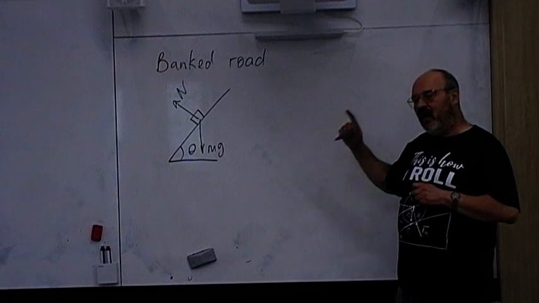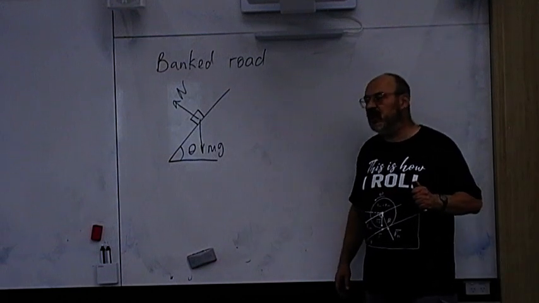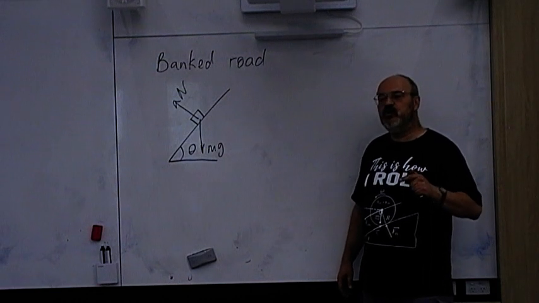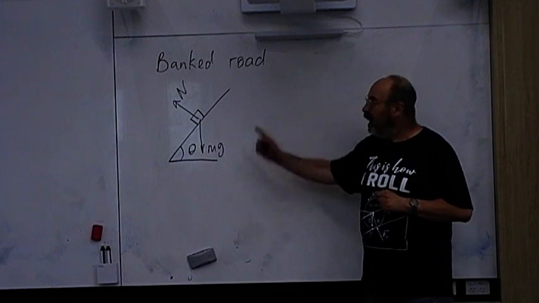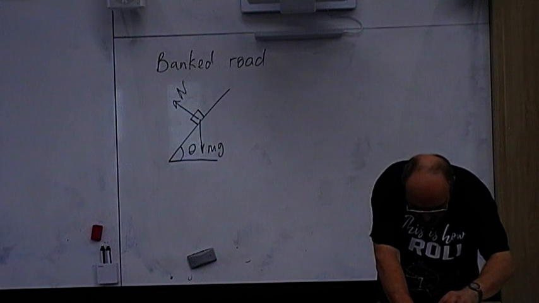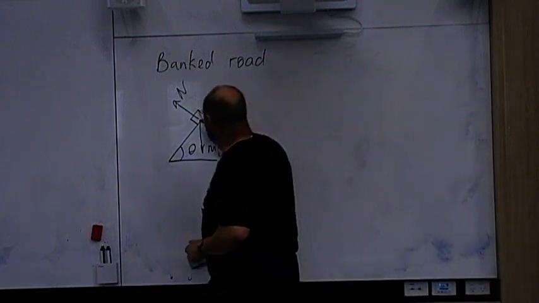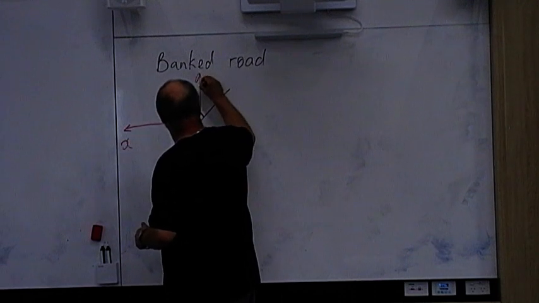When we were dealing with the inclined plane, how did we choose the axes? Along the plane and perpendicular. In this case, no. We will choose the x axis this way and the y axis this way.